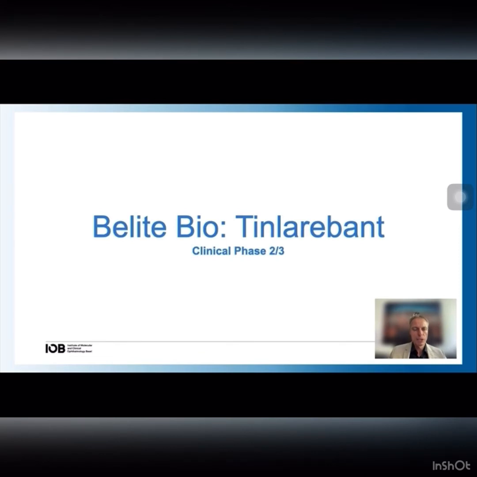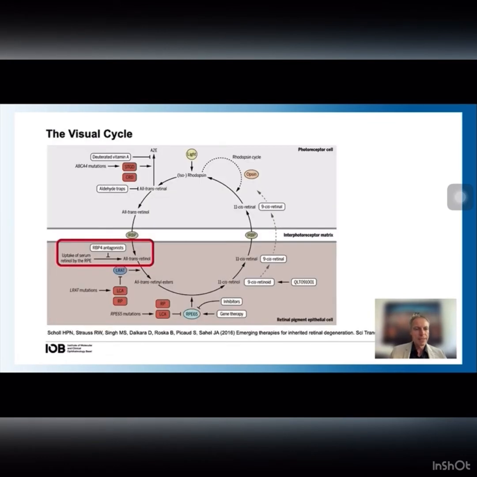Another approach, namely the compound tinlarebant, is being developed by the company Belite. This figure again shows the visual cycle, and it shows that uptake of serum retinol by the RPE is mediated by retinol binding protein type 4, or RBP4.